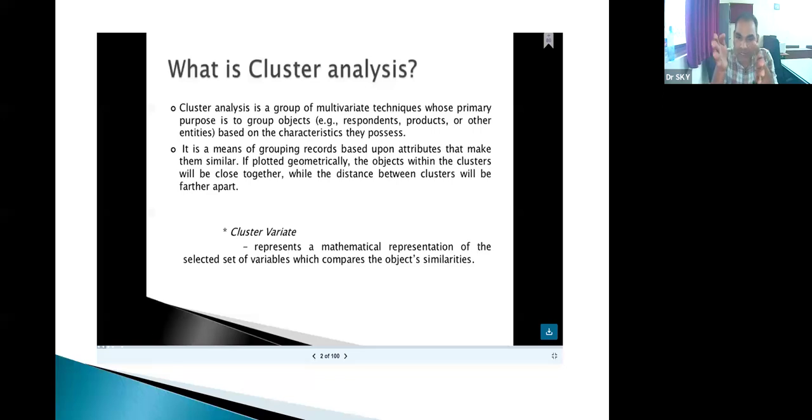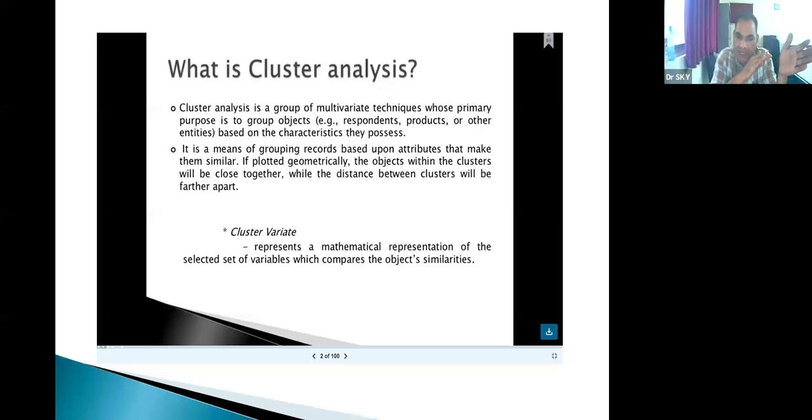Later on, we will be comparing it with principal component analysis, PCA, which is a technique of factor analysis. How is it different from factor analysis? We can say it is a complementary part of factor analysis or PCA. It is a means of grouping records based upon attributes that make them similar.